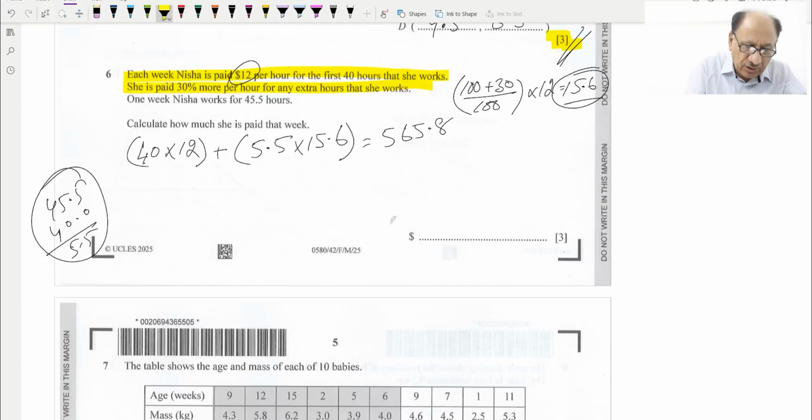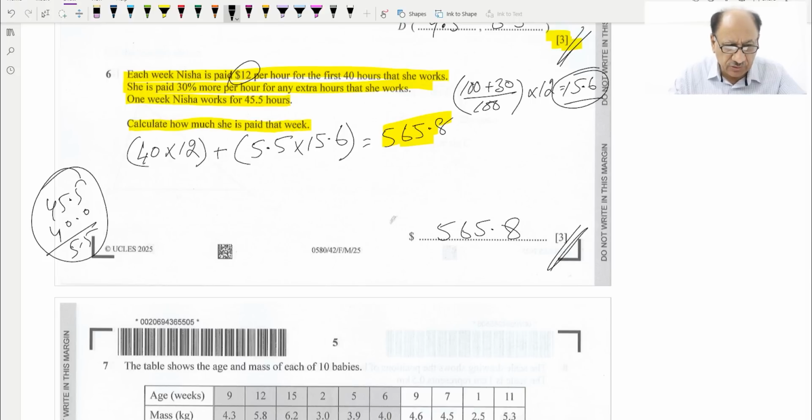This is the answer for when she worked for 45.5 hours, and we calculate how much she is paid that week. So $565.8. This is a 3-mark question which is done.